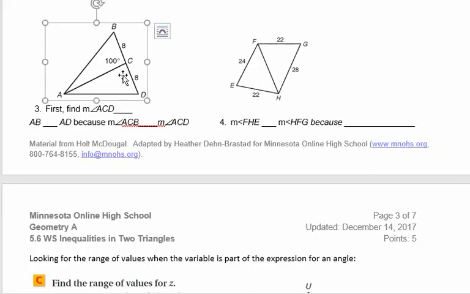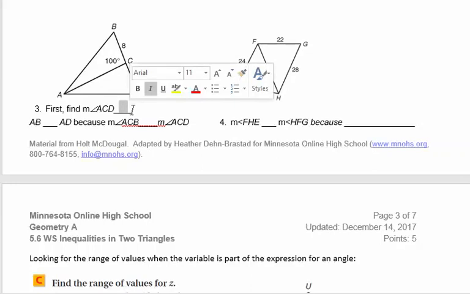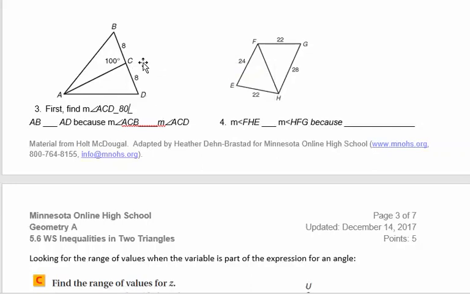How do we find that measure? Well, we know that it is a linear pair with this angle BCA, which is marked 100 degrees. So together they add up to 180 because they're a straight line. So I know that this angle is 80 degrees. I need to know that because I have to use that to answer the rest of the question.